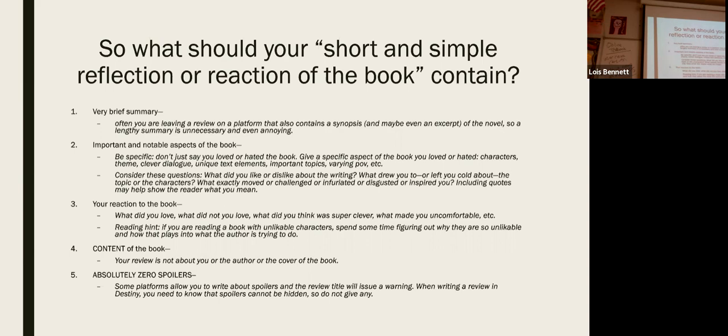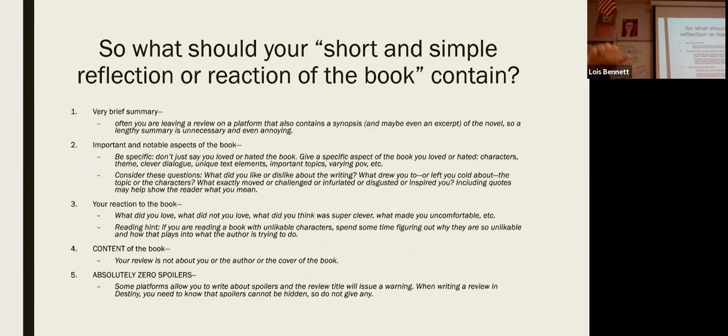Okay. What about the theme? If you're reading something that is really wrought with meaning, with humanity, which is the books that are on your list for this assignment, something that you can bring up is the way that the theme was portrayed throughout the novel.